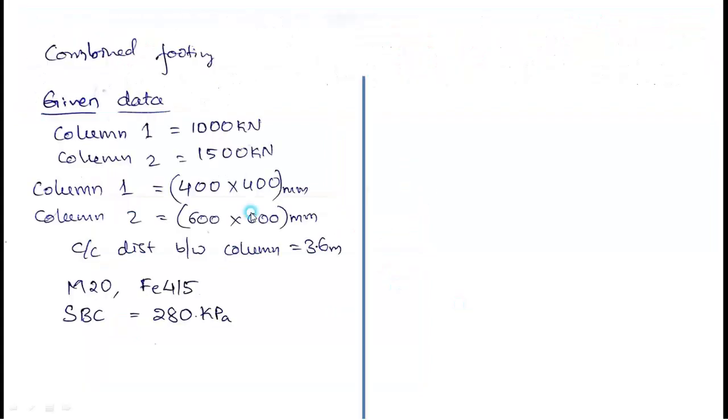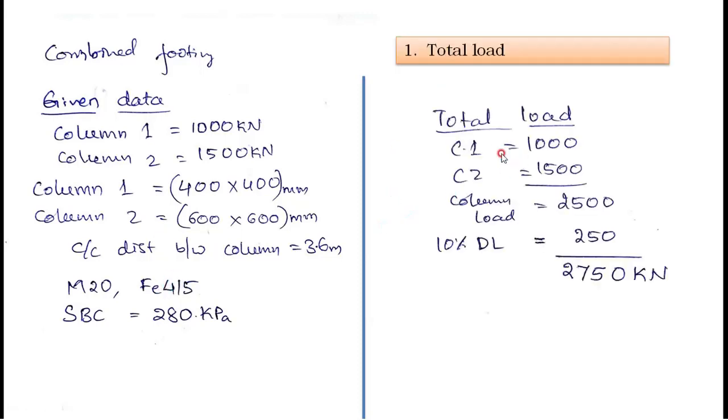Now the data given in the problem I will list out here: column 1 load, column 2 load, column 1 size, column 2 size, center to center distance between the columns 3.6, M20 and Fe 415, SBC 280. These are the given data in the problem. Next, total load. In the simple way we will add column 1 load and column 2 load and we get 2500.